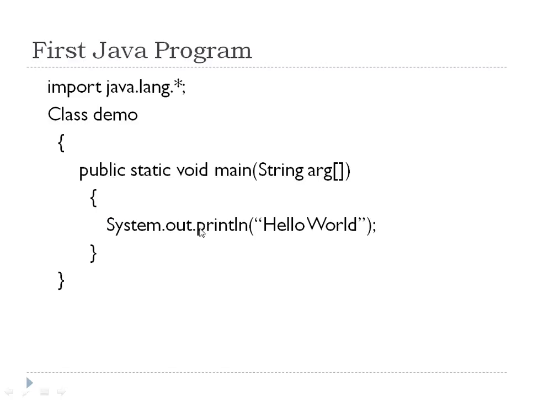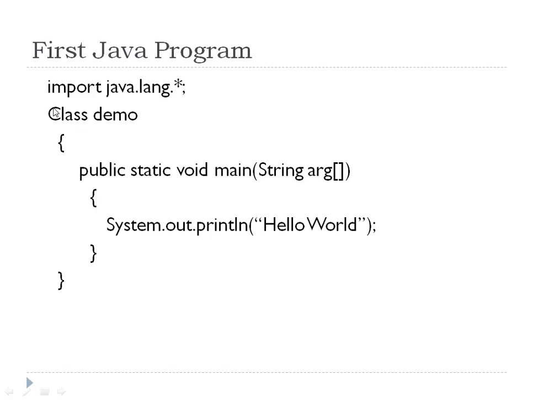In order to use the println method, we have to include this library. And in Java, if you want to include any library, the keyword import is used: import, space, and the name of the library which you are going to use in your program. In our case, the method which we are using for printing is available in this library. That's why we are including import space java.lang.star.